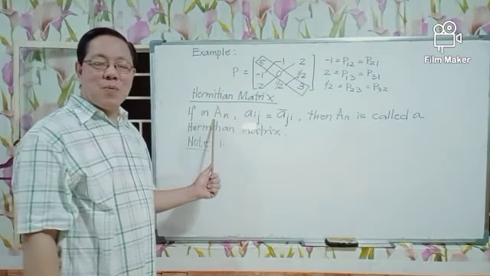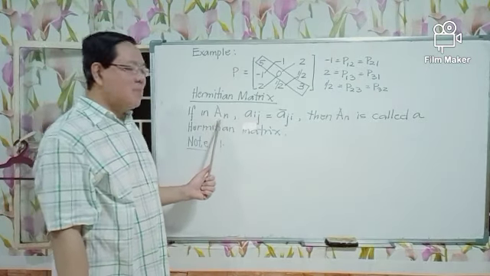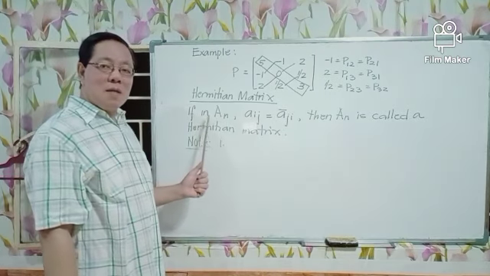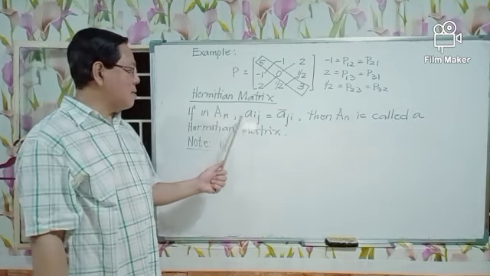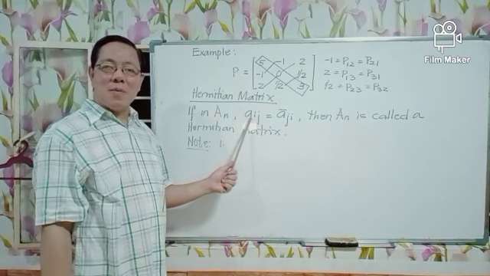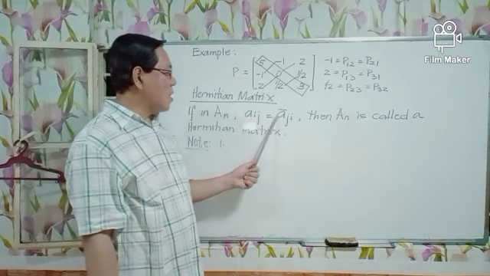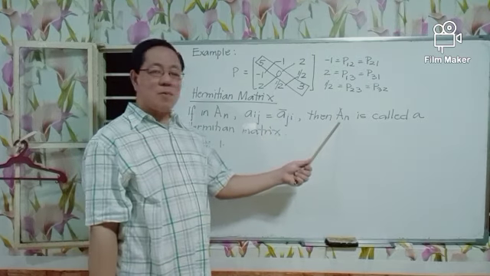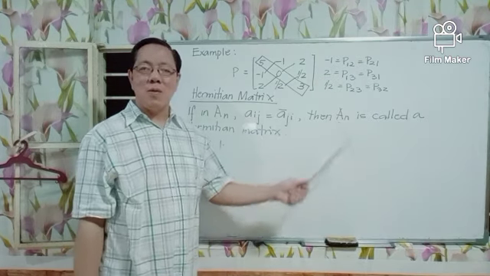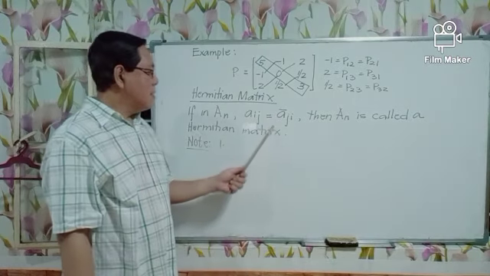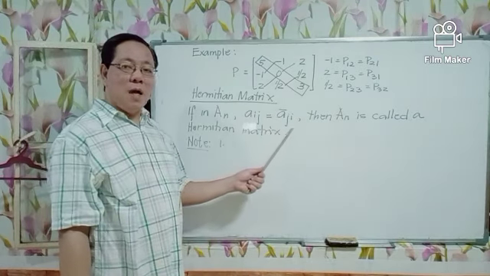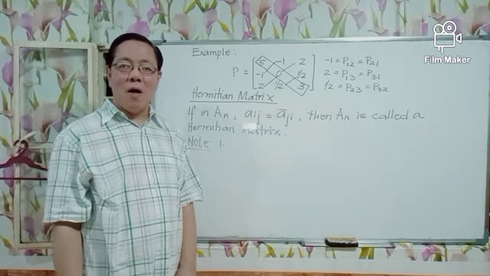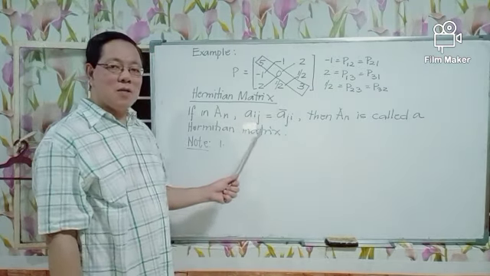In the definition, we are given A sub n, the square matrix A with size n by n. If in the square matrix A sub n, the entry A sub ij is equal to A sub ji bar, then the square matrix A sub n is called a Hermitian matrix. This notation A sub ji bar is the conjugate of the entry A sub ij.